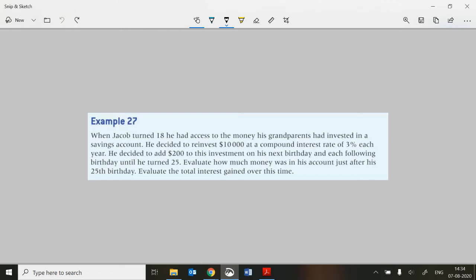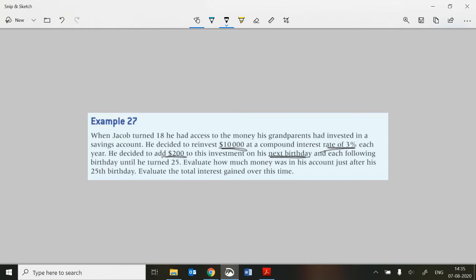He decided to reinvest $10,000 at a compound interest rate of 3%. $10,000, compound interest rate of growth of 3% each year. He decided to add $200 to the investment on each next birthday. So at the age of 19, he would be putting in $200 for the first time. And each following birthday, so then that happens again at the next birthday and the following one, until he turns 25. Evaluate how much money was in his account just after his 25th birthday.